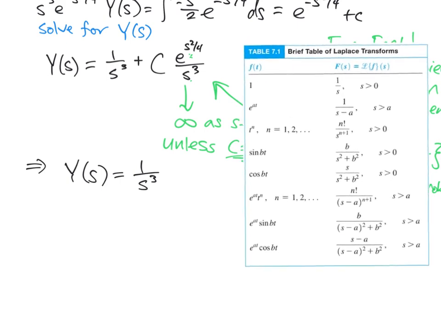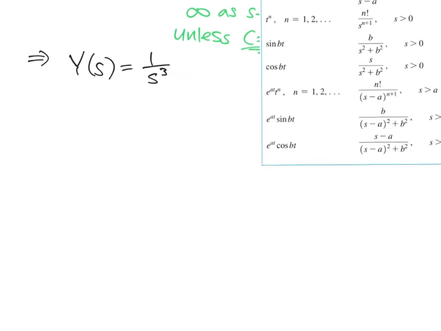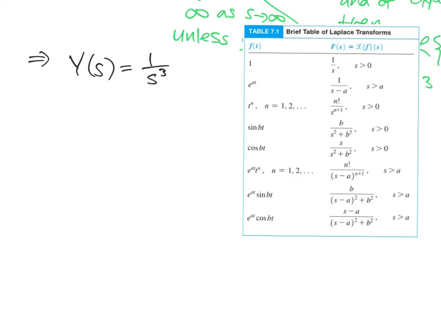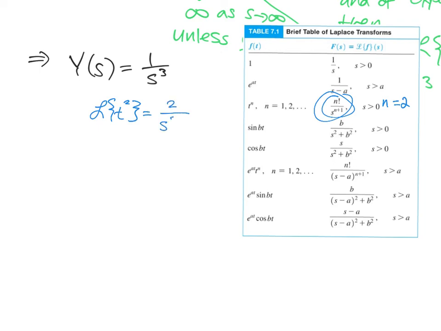Which one are we going to need? It looks like we'll need something like that with, say, an n equals 2. So the Laplace of t squared equals 2 over s cubed.